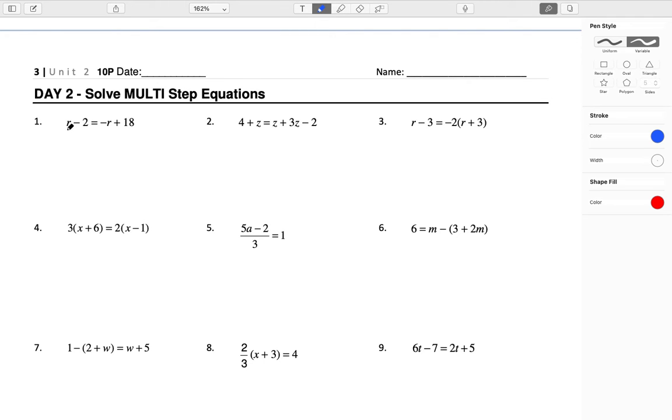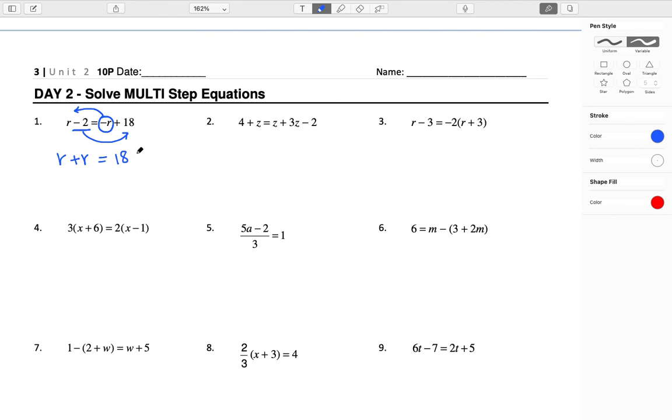So it looks like we have a like term, r, and -2 and +18. So let's collect the like terms so that the variable is on the left side and a number is on the right side. So on the left side, I already have r. Negative r will now become positive r. And on the right side, I have 18.